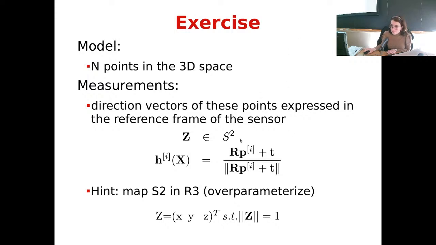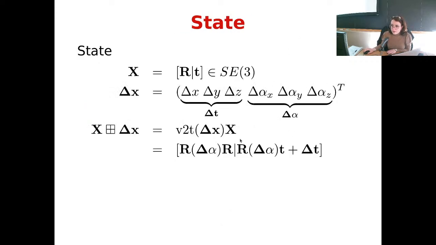Okay, so I guess we can move on with the usual way of formulating the problem. So we start with the state space and then move to the measurement space and to the prediction function. The state space is a transformation from the world frame to the sensor frame.